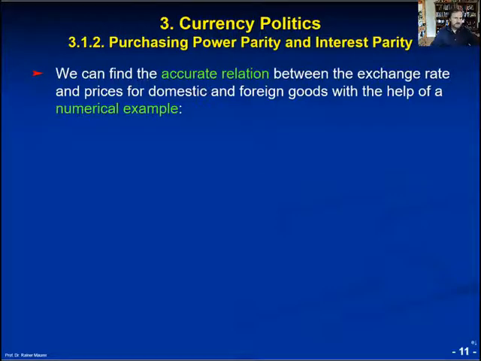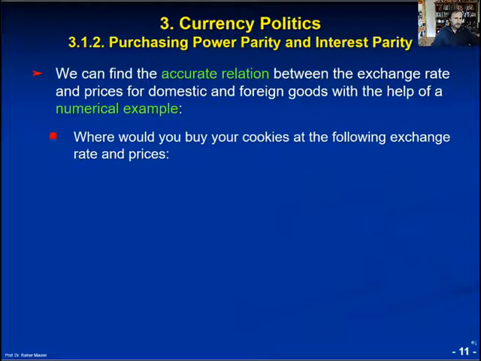We can find the accurate relation between the exchange rate and the prices for domestic and foreign goods with the help of a numerical example. Where would you buy cookies if the following exchange rate and prices are given?